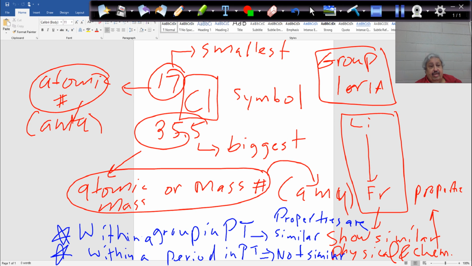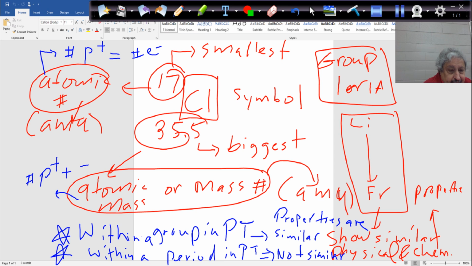Now, what is atomic number and what is atomic mass? Atomic number is the number of protons, equal to the number of electrons. What is atomic mass? Actually, we have to include the electrons, but since they are small, atomic mass is the number of protons plus the number of neutrons.